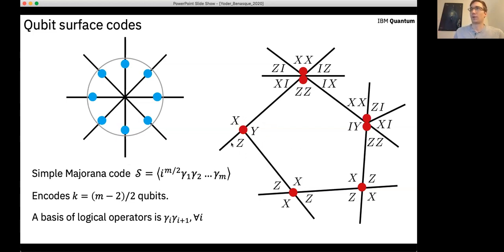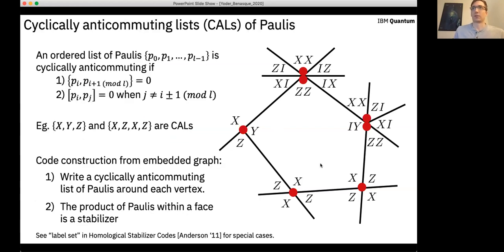And then you also have to assign Paulis around these vertices, and the stabilizers of this code will now be associated to faces. So let's talk about that a bit more. The way we assign Paulis around these vertices is from something called a cyclically anti-commuting list. This is just a list of Paulis, and adjacent elements in the list should anti-commute, and anything that's not adjacent will commute.